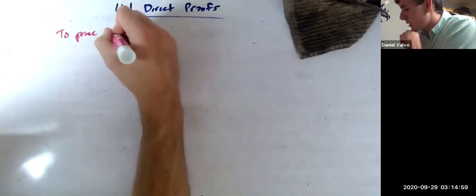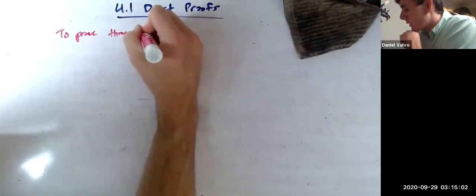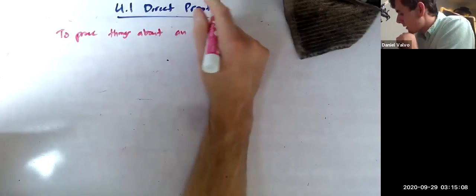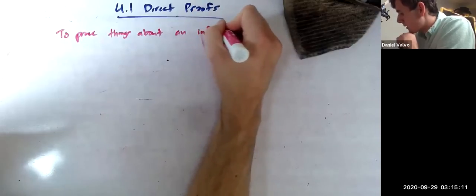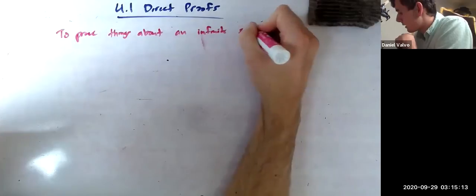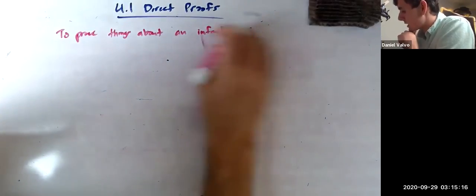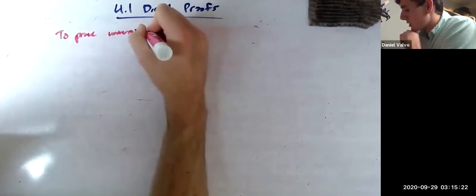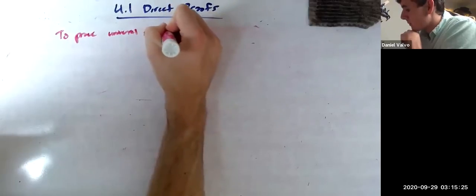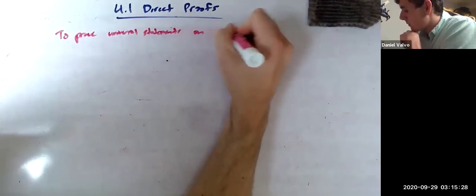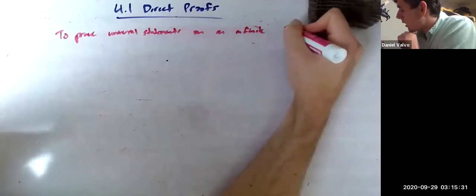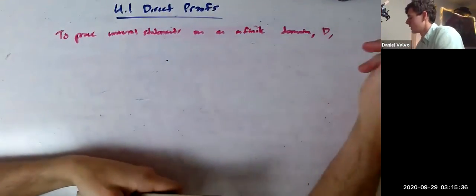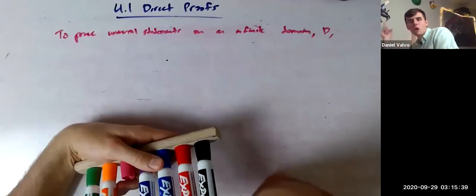To prove things about an infinite set, or maybe I'll say to prove universal statements, so for all statements, on an infinite domain, let's call it D. How do we normally prove universal statements?